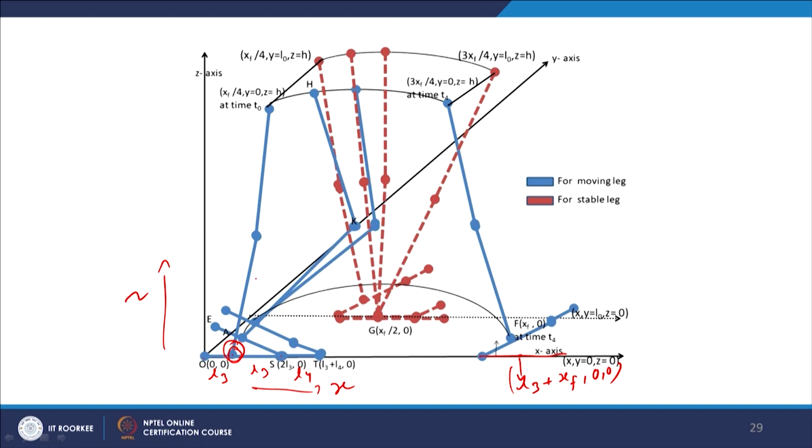Other things are as in the case of the flat foot, the motion of the hip and the trajectory of the ankle, and similarly the motion of the hip of the stable leg is a circular motion with center at here and radius L1 plus L2.